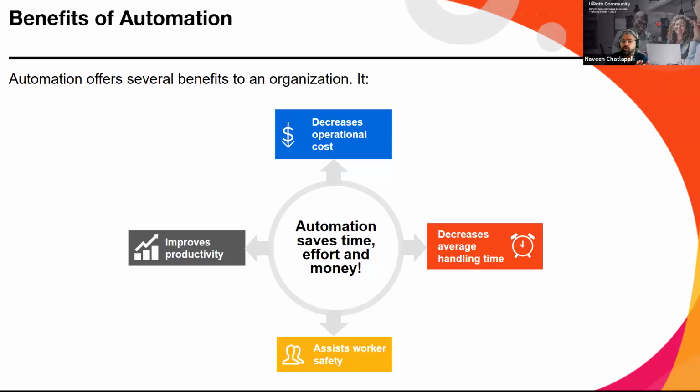At that time, if you put robots or some automations in place, it will also increase worker safety, where you can provide more and more human safety aspects, and you can deploy bots and automations there. And of course, improving productivity is the main goal there.